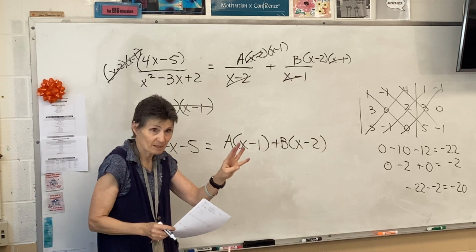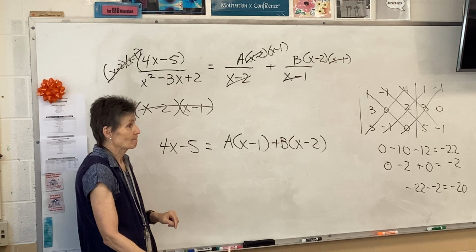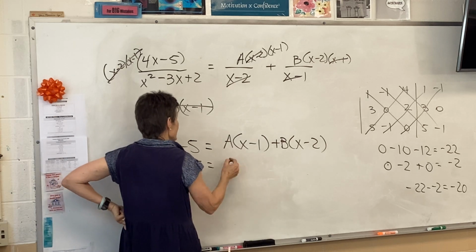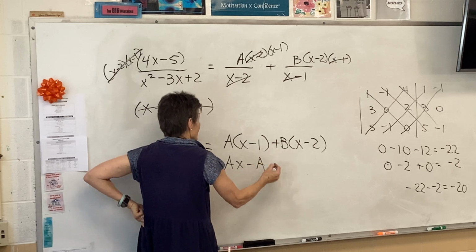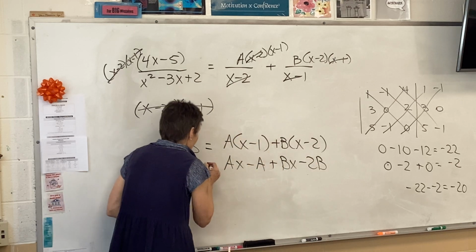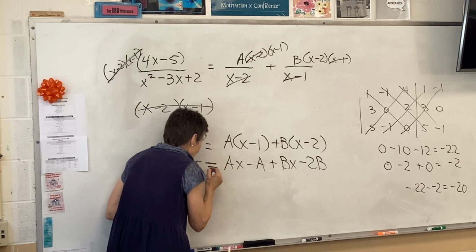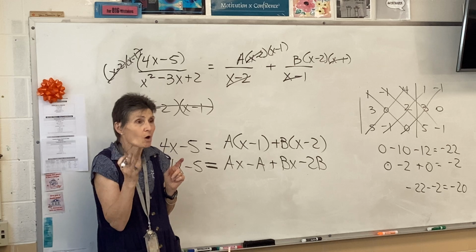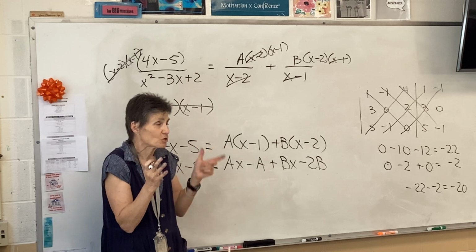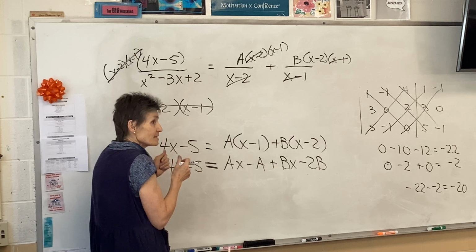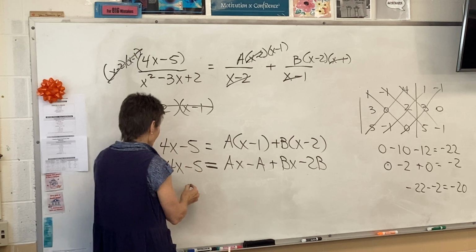No more denominators. 4x minus 5 equals A(x minus 1) plus B(x minus 2). So I'm going to go ahead and distribute. And then this right here is the key, that is an equals. So the x's on the left have to match the x's on the right. How many x's are on the left? 4.